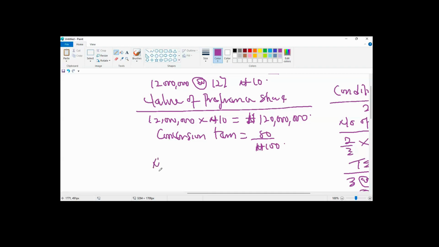So 80 million times 80 over 100. The 100 cancels 100, so 80 over 100 times 80. What does it give us? 64 million.